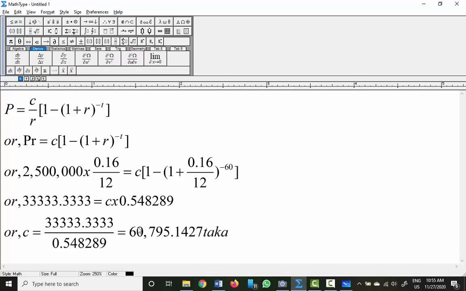So that means if you borrow 2.5 million taka on a 5 years loan to buy that car, in that case you need to pay 60,795.1427 taka at the end of every month, and like that way total 60 installments over the 5 years period to pay off the loan, right?